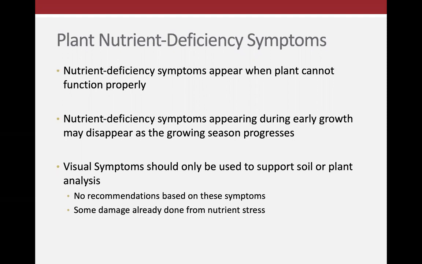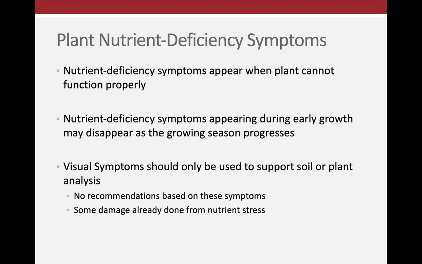Visual symptoms should only be used to support soil or plant analysis. Visual symptoms are really our first line of defense, our first clue that something's wrong with that plant. That plant's not happy, it looks sick, it looks unhealthy.